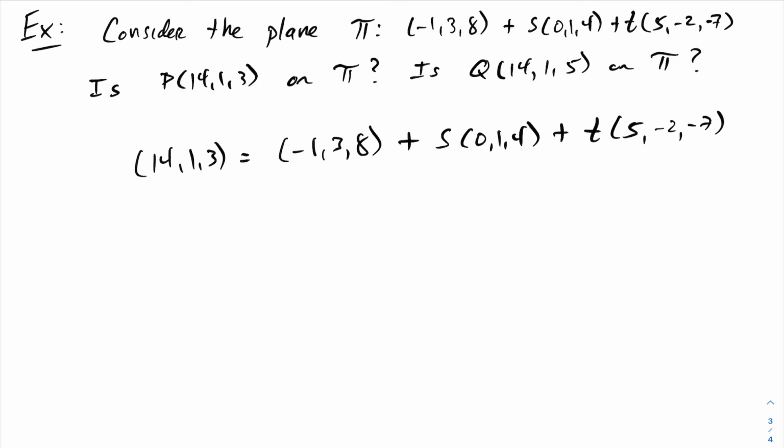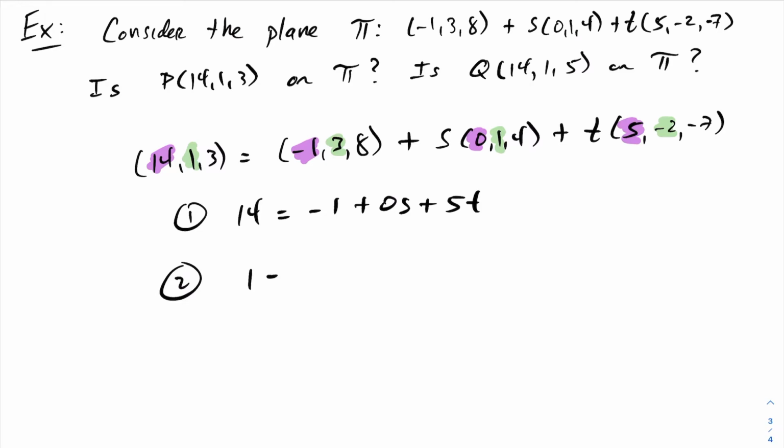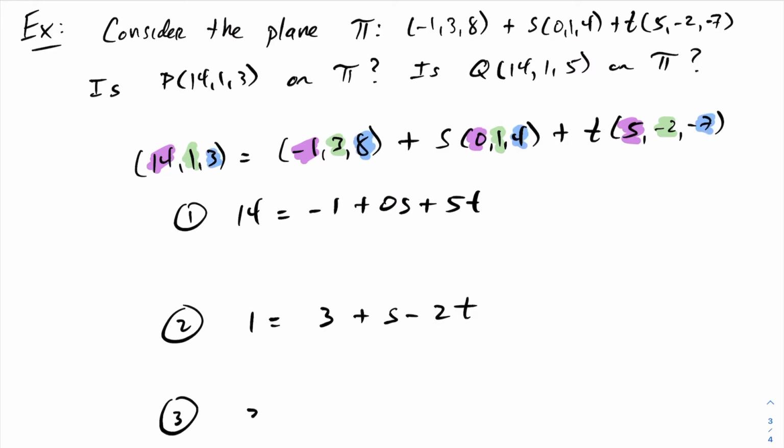So this will generate some equations for us. Notice, the first equation says 14 must equal negative 1 plus 0s plus 5t. Our second equation says that 1 has to equal 3 plus s minus 2t. And our third equation says that 3 must equal 8 plus 4s minus 7t.